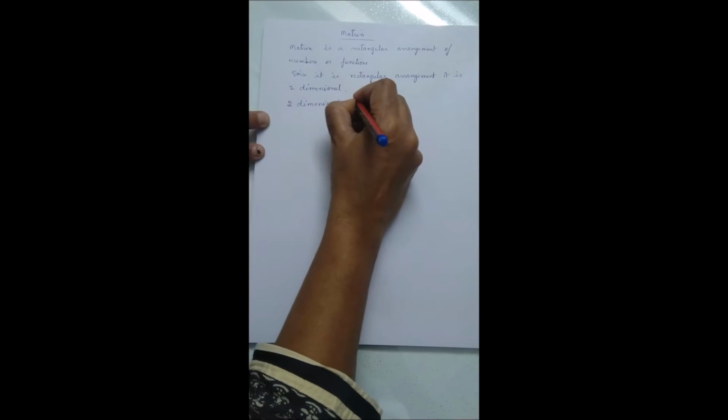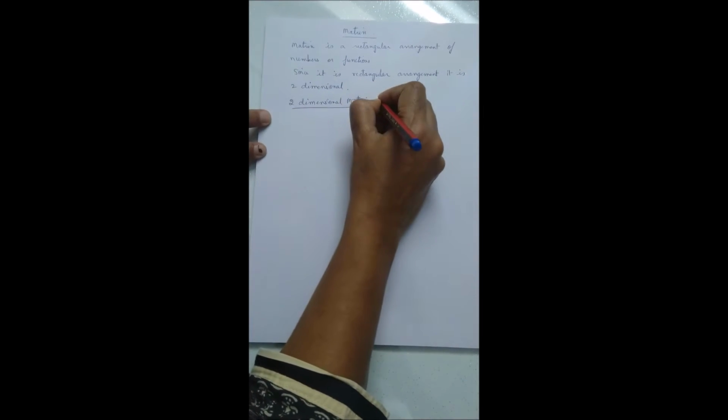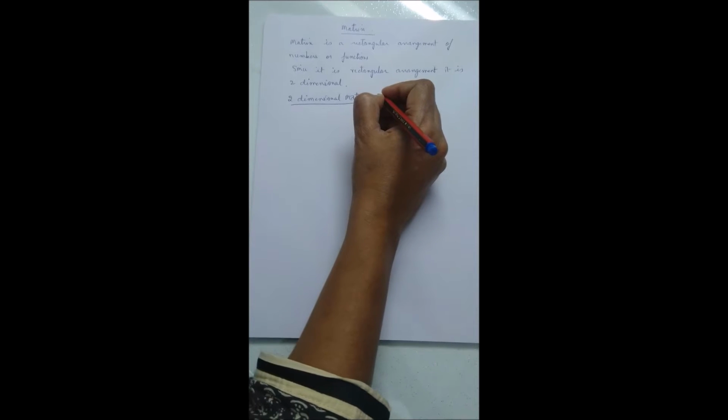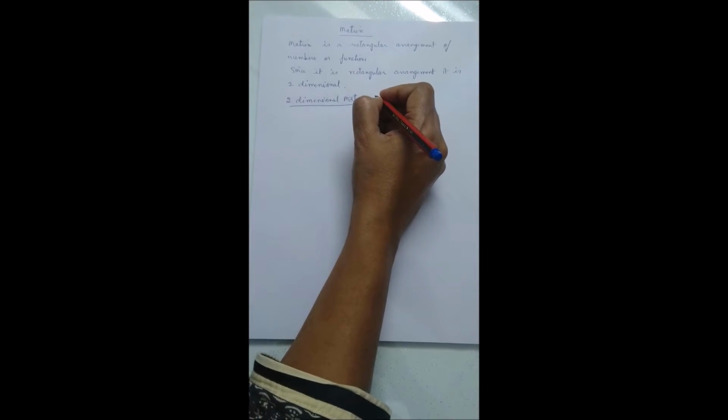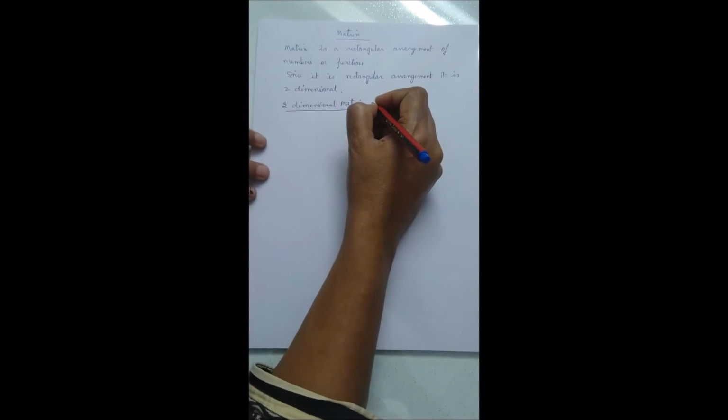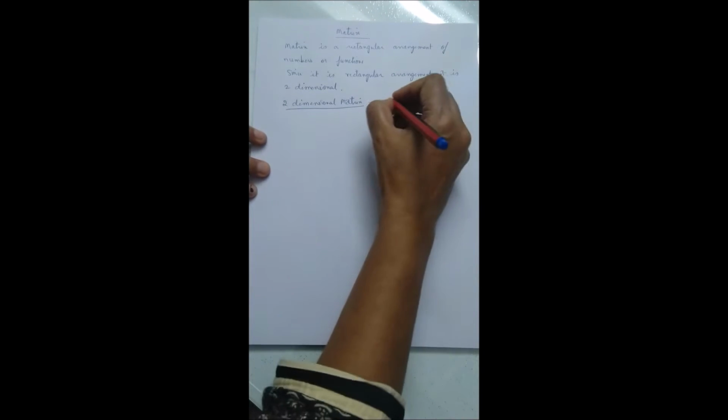It is called a two-dimensional matrix as it consists of the number of rows and the number of columns.